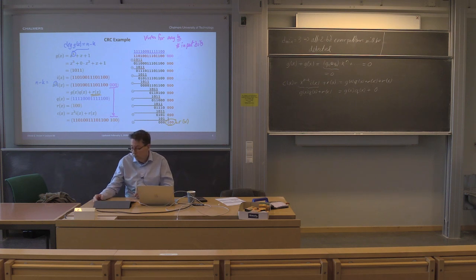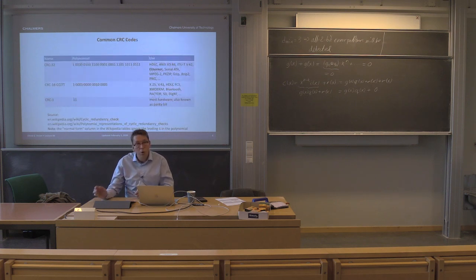That's also nice. Okay, so common CRC codes which are used in practice, they have names. There's something called the CRC32, the CRC16-CCITT, or the CRC1, and there is a bunch of other ones. So the CRC32 has a degree 32 polynomial, which is this one. Okay.